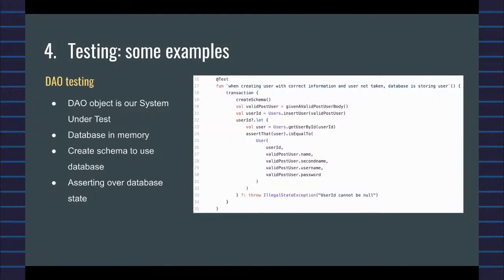So I had to integrate create schema inside the transaction block inside each test. It's not proper, but I didn't have the time to go deeper and investigate a bit further. If you find a way to make it work or a different way to do this create schema, then please let me know or fire up a PR in the repository. I will be really happy to see how this can be done.